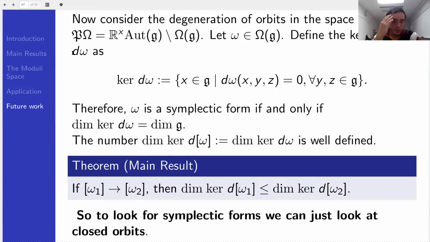So yeah, it's true, of course you can do that. I think there are indeed some results, not necessarily using this framework, for example about classifying Kähler two-forms on some particular Lie groups, or also bi-invariant ones. But I still haven't thought about those special cases in the context of this orbit space.